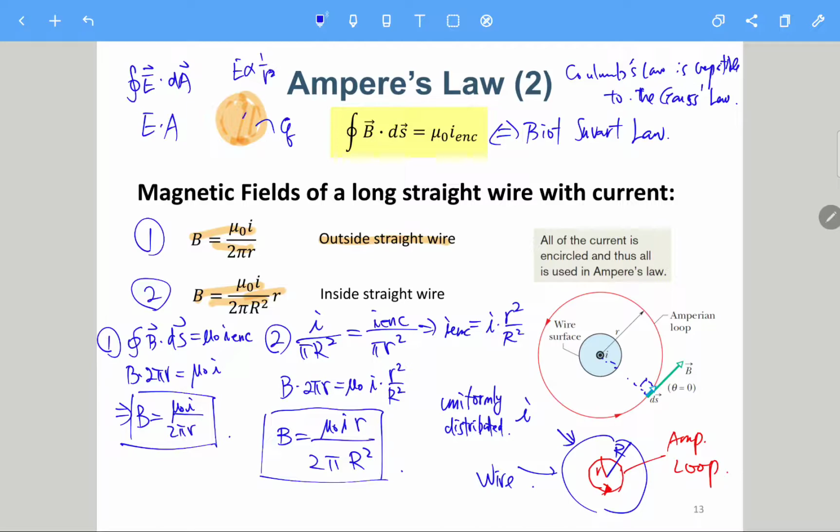And inside the sphere, E will be proportional to small r. So quite similar, but not actually the same. Here inside the wire B is proportional to r, and outside the wire it is inversely proportional to r. Any questions?